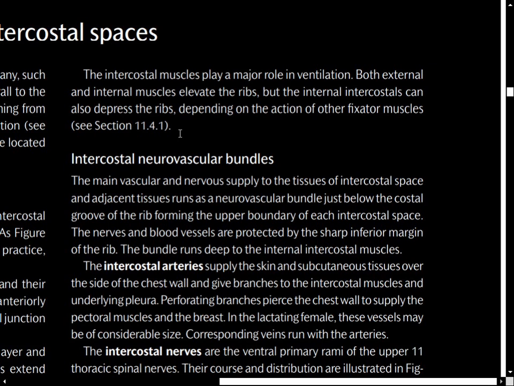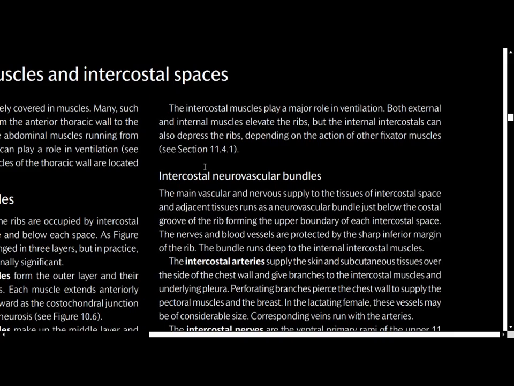Intercostal neurovascular bundles. The main vascular and nervous supply to the tissues of the intercostal space and adjacent tissues runs as a neurovascular bundle just below the costal groove of the rib, forming the upper boundary of each intercostal space.